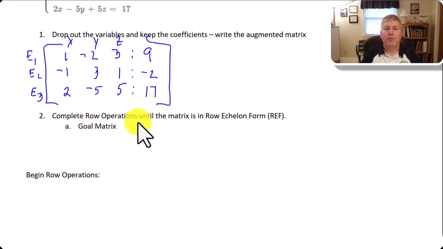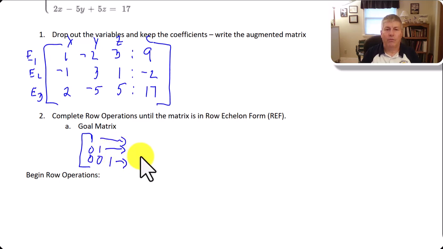Next, we're going to complete row operations until the matrix is in row echelon form. So our goal is to get a matrix that looks something like this. We have 1, 0, 0 here, a 1 here, and a 1 here. We don't really care what the numbers are to the right.